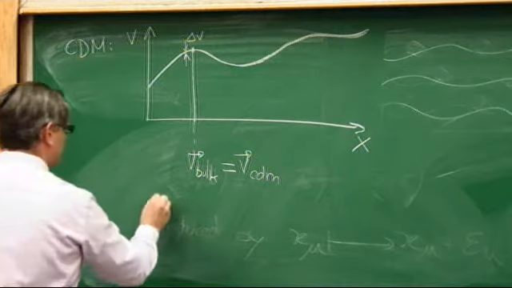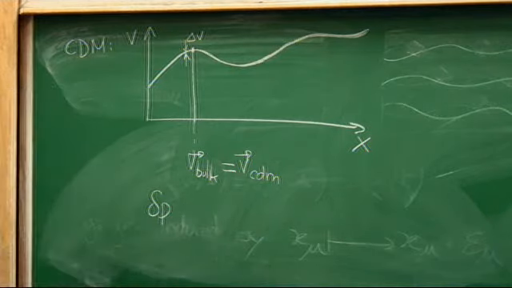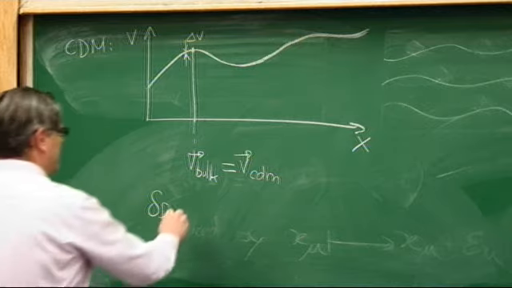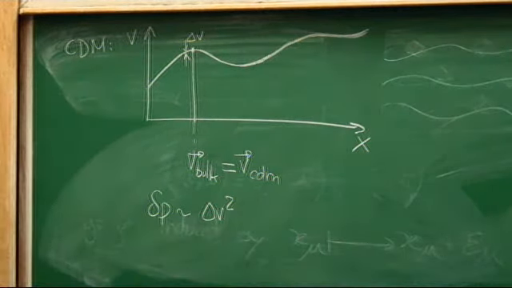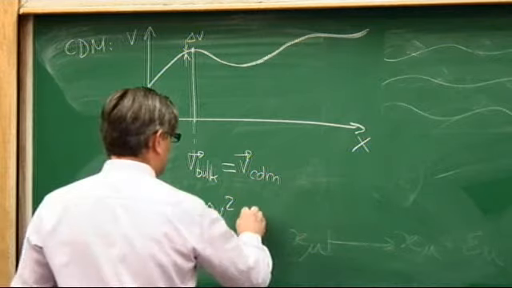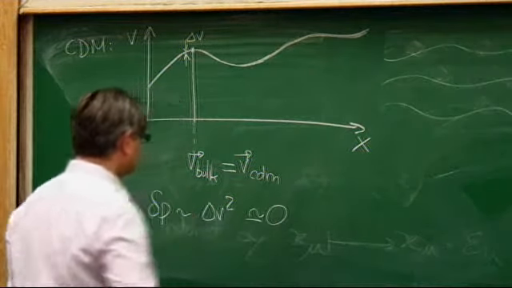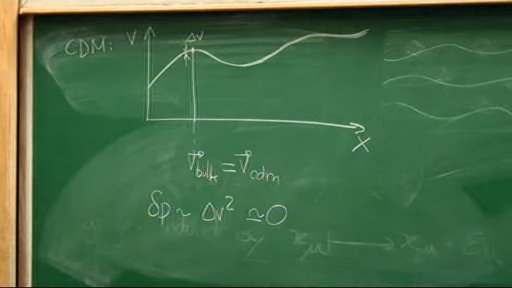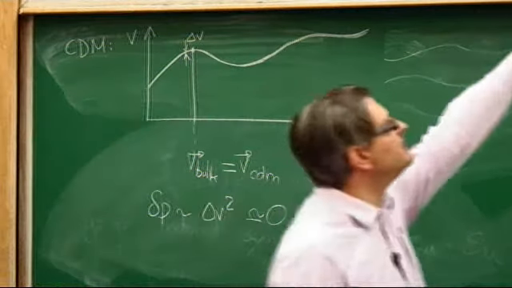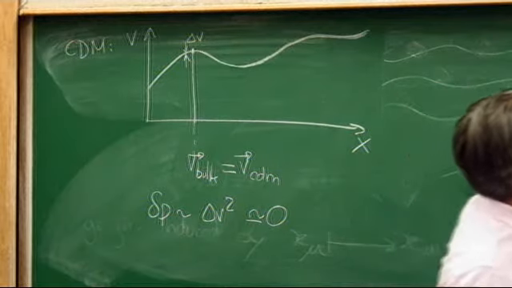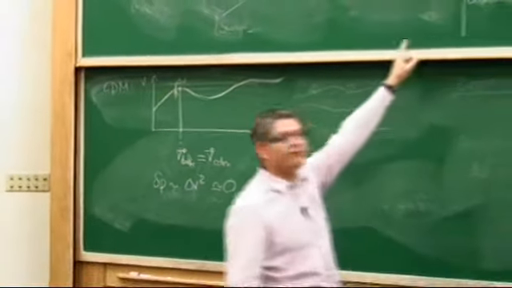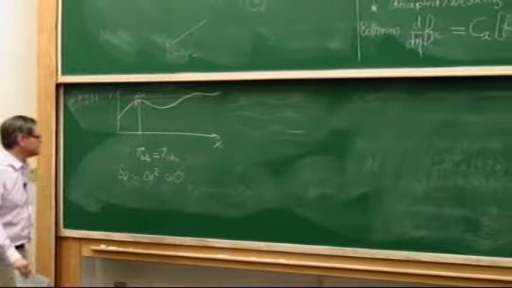Moreover, the pressure usually is related to the kinetic energy of individual particles, and so it's related to the square of the velocity dispersion. So the pressure for cold dark matter is negligible. So at the end of the day, I still have delta P fixed to 0, and I still have a bulk velocity which forbids any anisotropic stress.